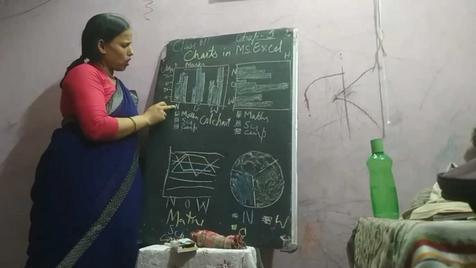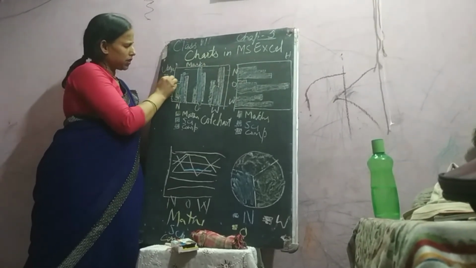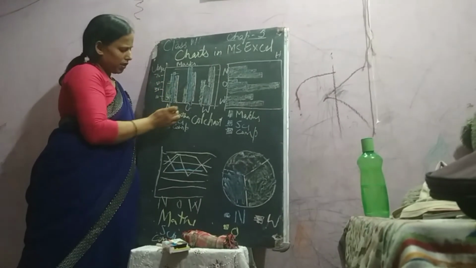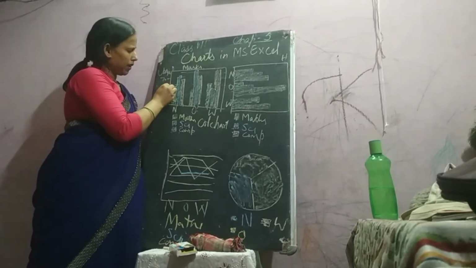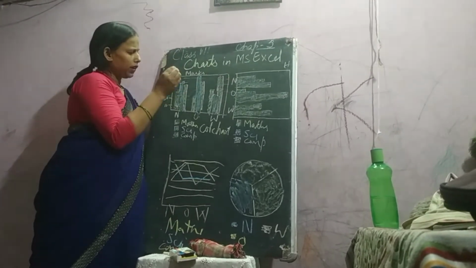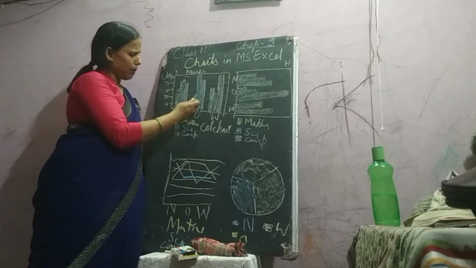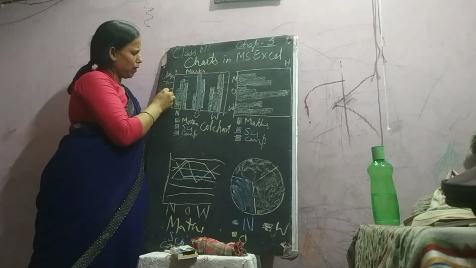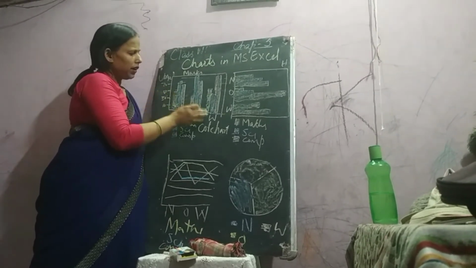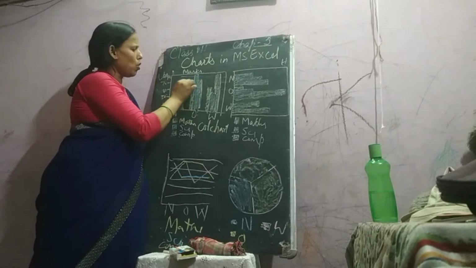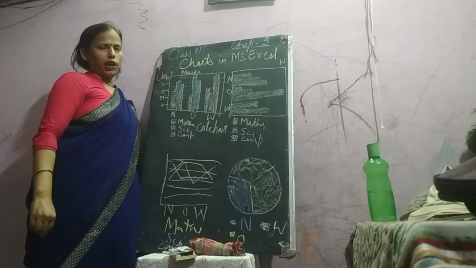Now N has got in mathematics below 50. Now O has got in mathematics below 40 marks. Now in maths, W has got more than 50.